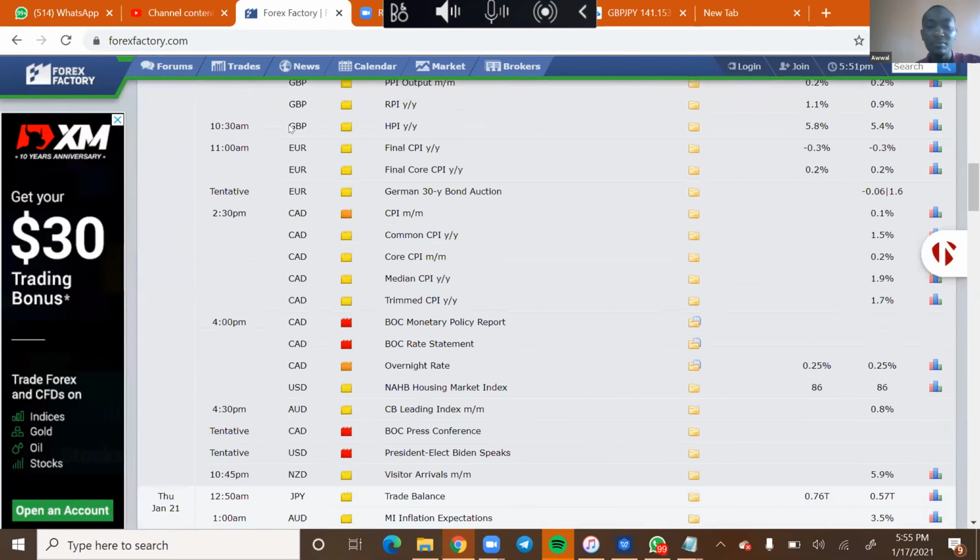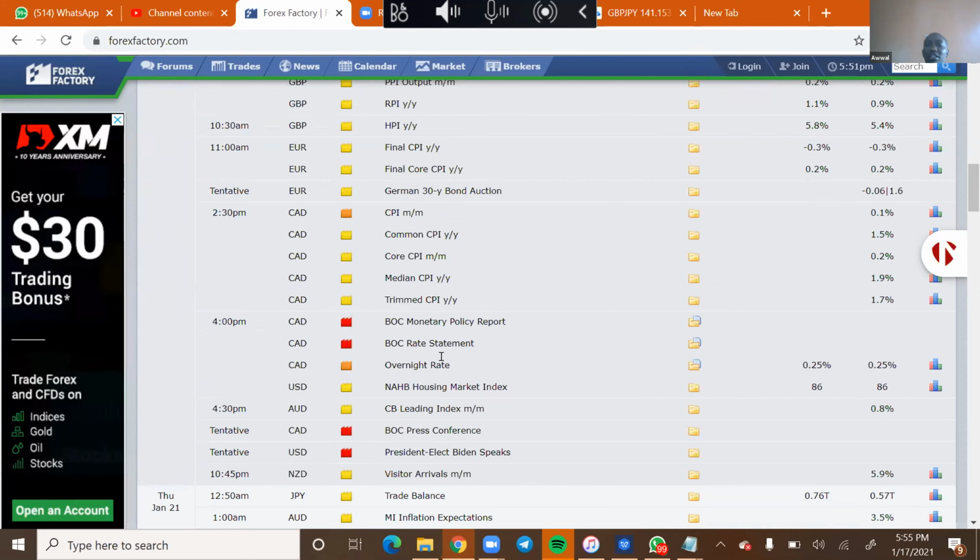If you go to Wednesday, by 4 p.m. Nigerian time, you have the Canadian dollar having 2 red folders. The Bank of Canada has a monetary policy report, and also a rate statement, which is their interest rate. Those things affect the currency either positively or negatively.